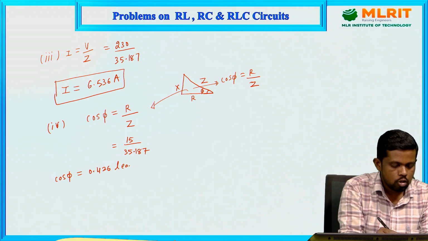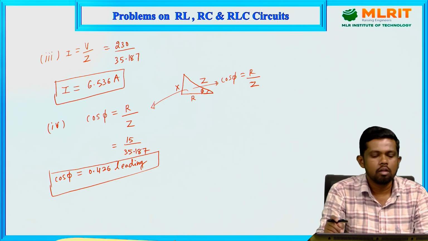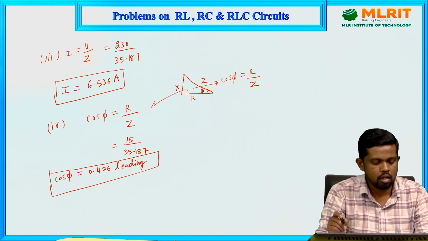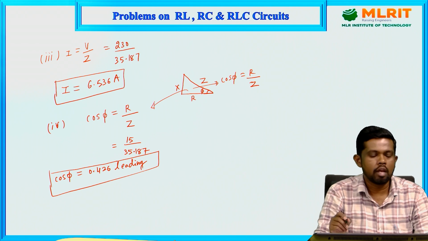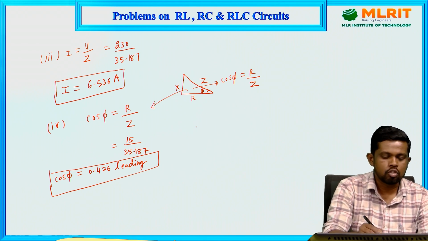Why? Because the capacitance of the network compensates the lagging angle of the power factor, so we get a leading power factor. So that is 0.426 leading in nature.